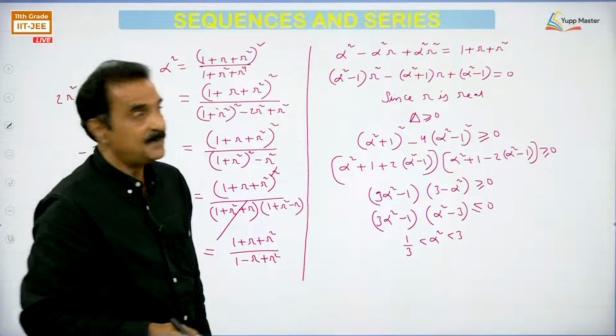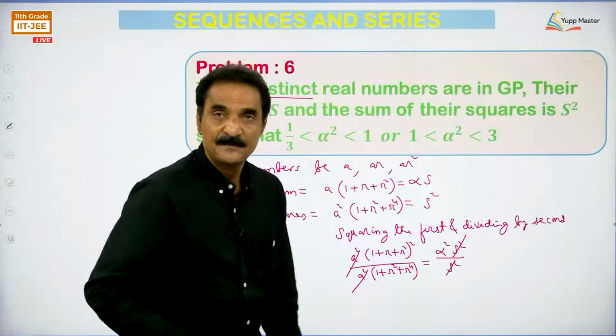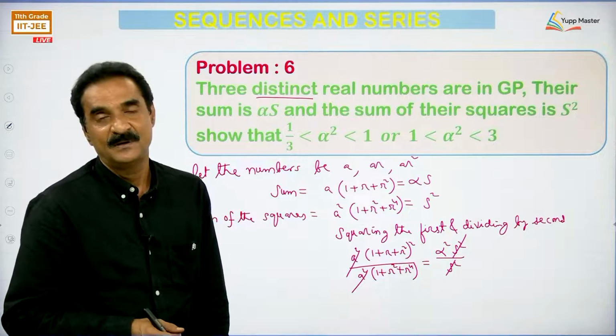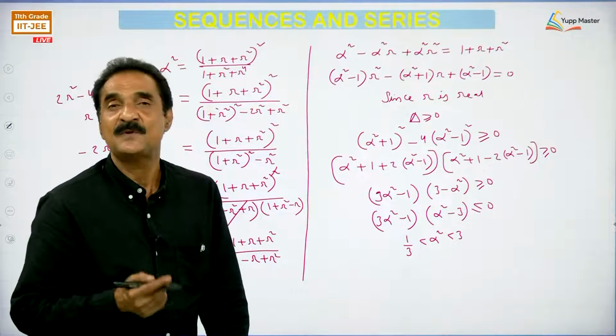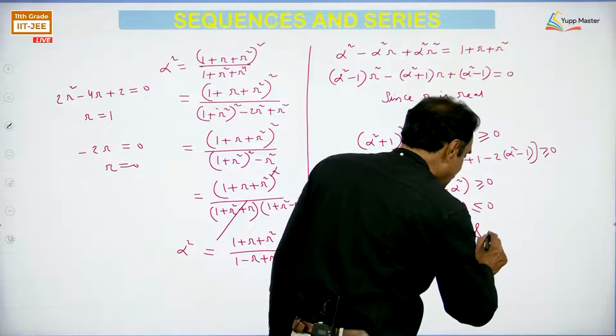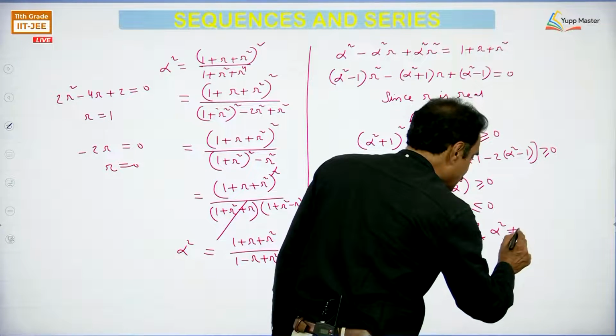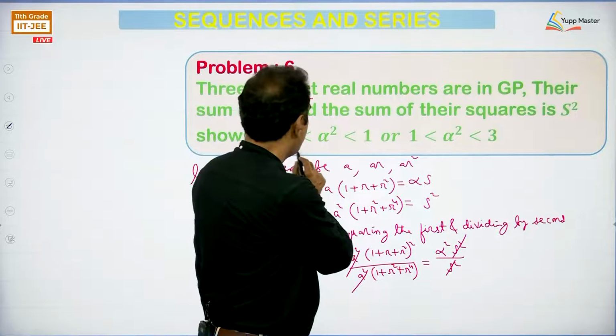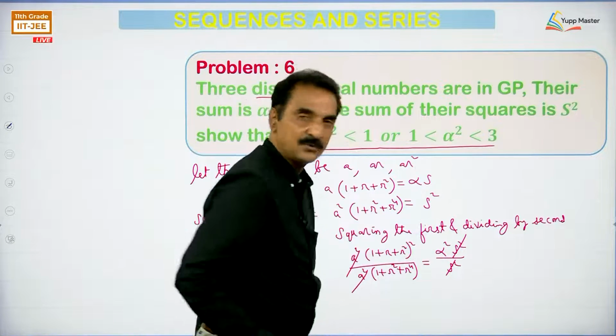So, common ratio of a GP cannot be equal to 0 also. Therefore, alpha square is equal to 1 is also not possible. So, alpha square lies between 1 by 3 and 3 and alpha square is not equal to 1. So, it is the solution 1 by 3 to 1 union 1 to 3.